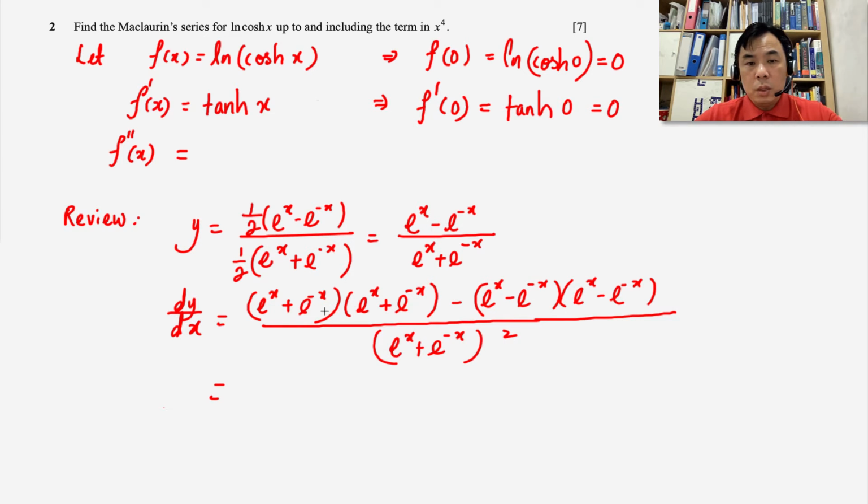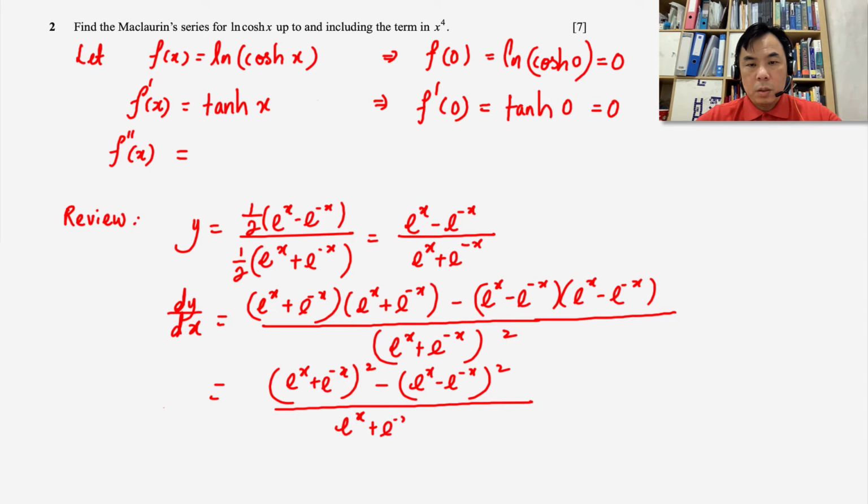You will notice that this is (e^x + e^(-x)) squared minus (e^x - e^(-x)) squared. And then you can simplify any way you like.